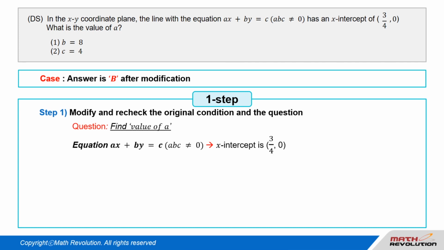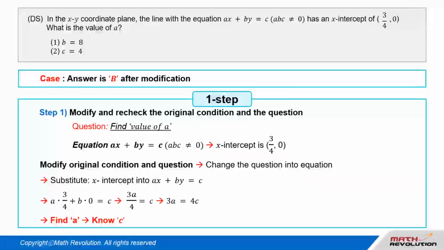We have to find the value of a if the line with the equation ax plus by equals c, where abc is not equal to 0, has an x-intercept of (3/4, 0). Let's modify the question into an equation.